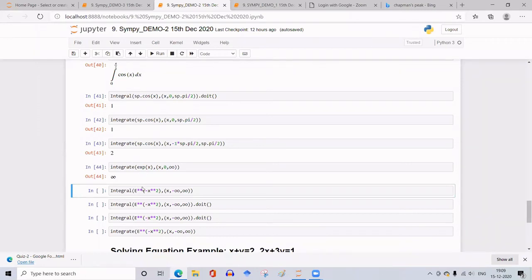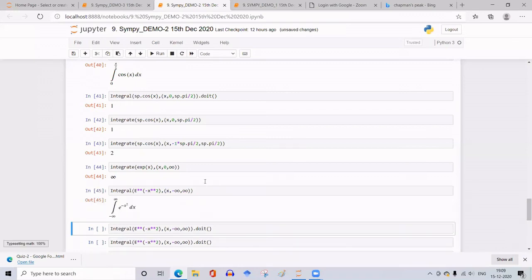Then the same exponential, I write it as capital E to the power of minus x square. Minus x square is the power of this E, integrated with respect to x between the limits minus infinity to plus infinity. In symbolic form, it looks like this: E to the power of minus x square integrated with respect to x between minus infinity and plus infinity.